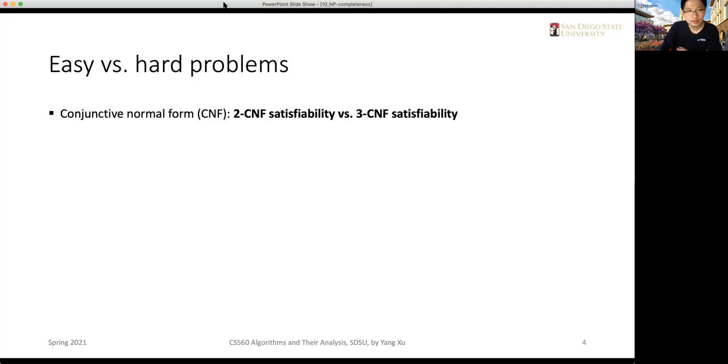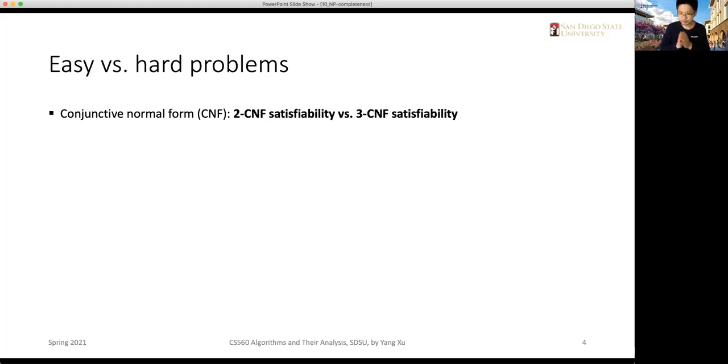So the third example is not as straightforward as the previous two, but I listed it here because the conjunctive normal form problem is a formal way to prove the difficulty of different types of problems.